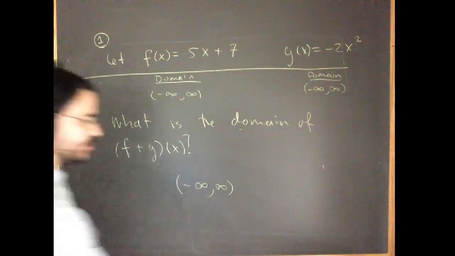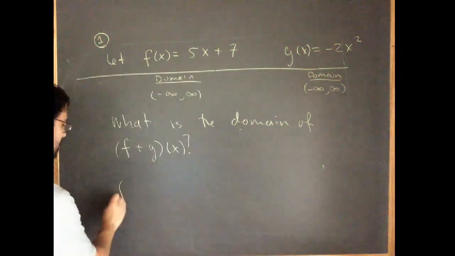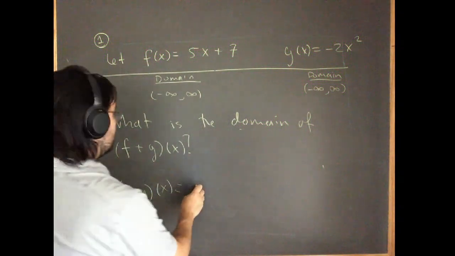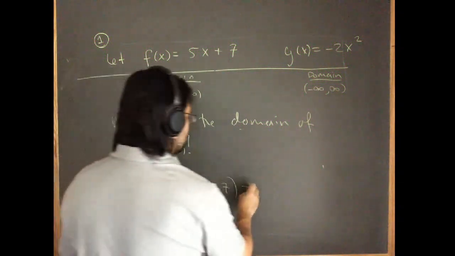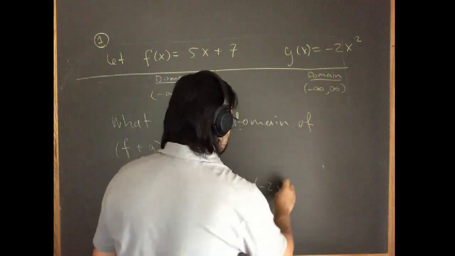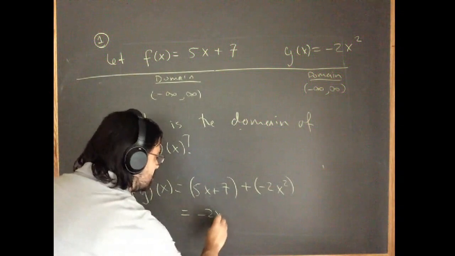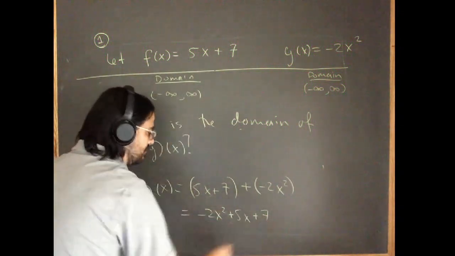Another way to solve this would just be to get a formula for f plus g at x. So you could get that like this. So f plus g evaluated at x would be 5x plus 7, that's f, plus negative 2x squared. And then if I just rewrite this as a quadratic, it would be negative x squared plus 5x plus 7. So typically we write it with descending powers.